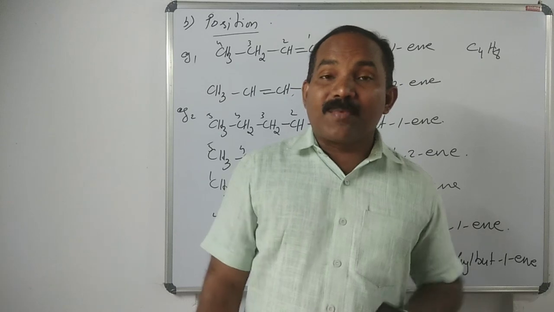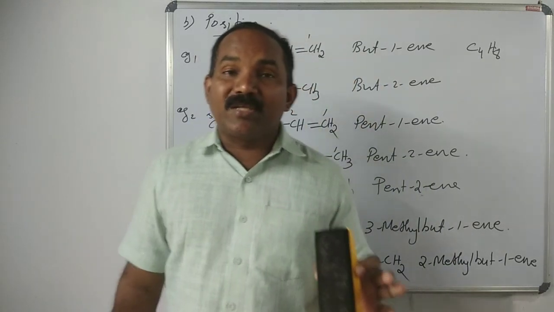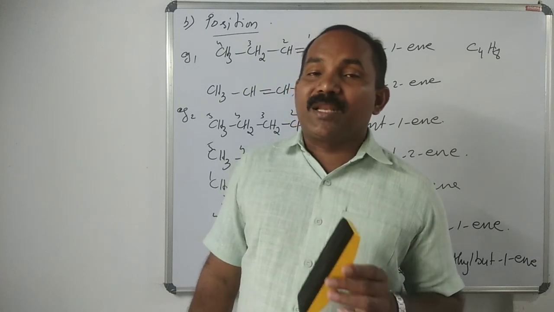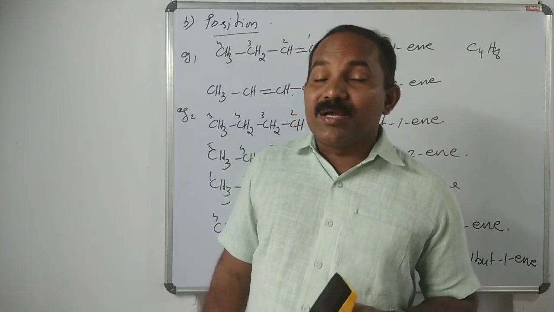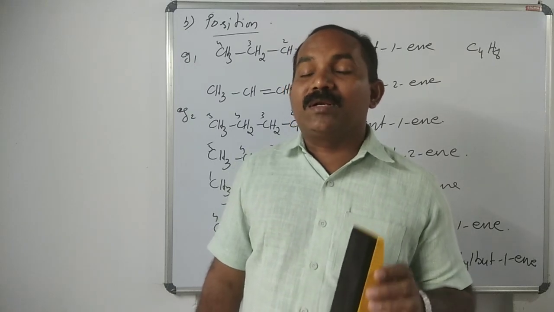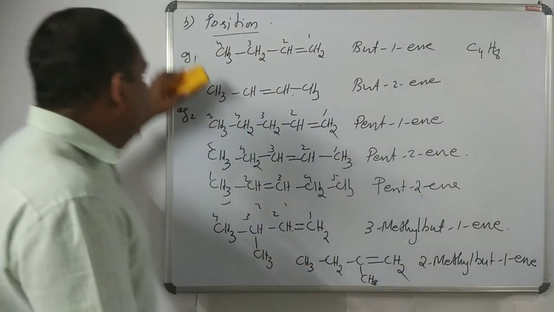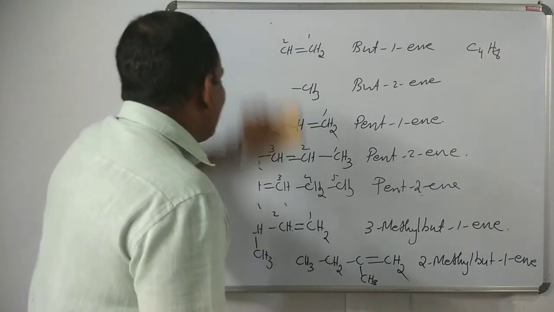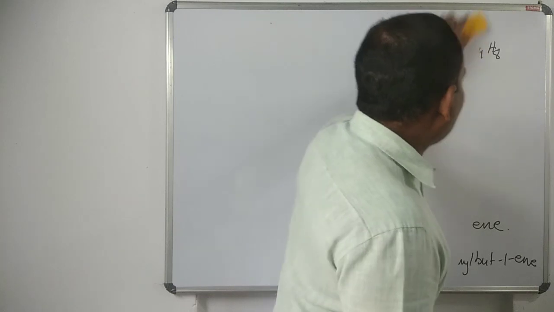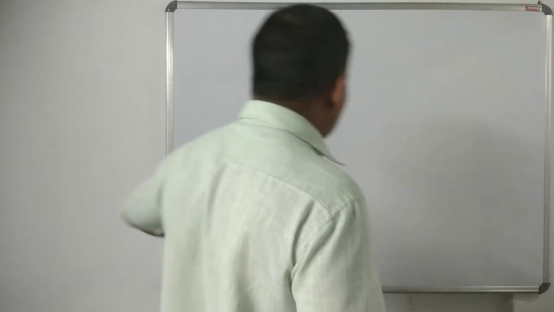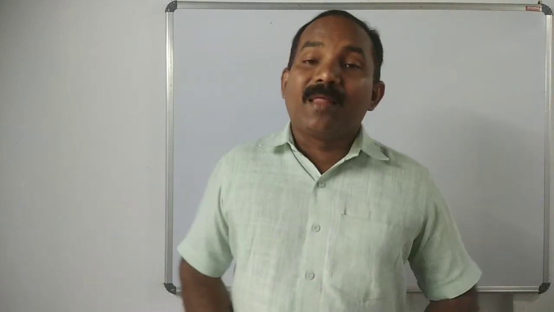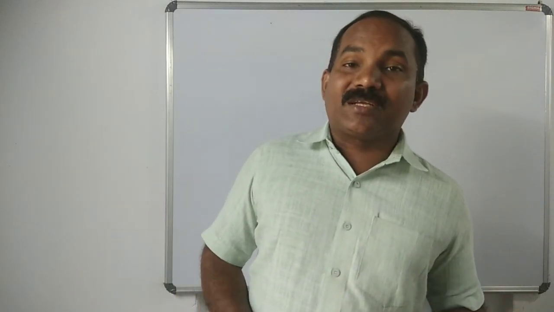But here, in the carbon-carbon double bond, the rotation is restricted. And the isomerism that arises due to the restriction of rotation of the carbon double bond is called geometrical isomerism. Okay, so what is geometrical isomerism? Geometrical isomerism comes under stereoisomerism. It arises due to restricted rotation of carbon-carbon double bonds. Okay, we move to geometrical isomerism. In stereoisomerism, there are three types due to different spatial arrangements. One is conformerism, which we already discussed.